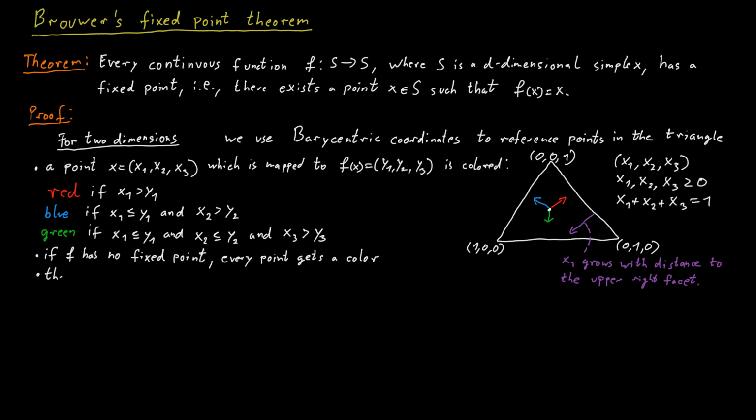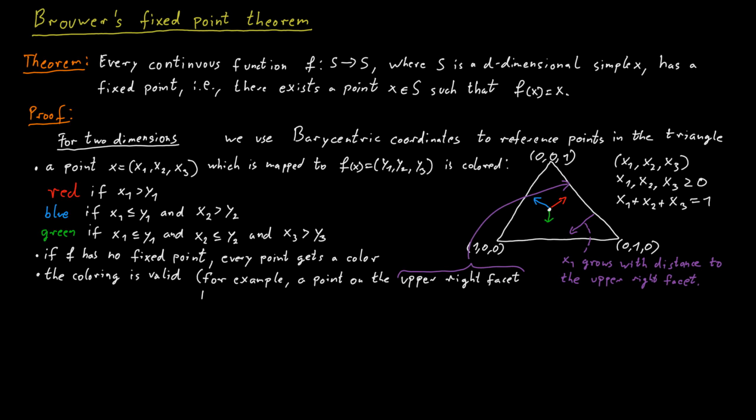Another observation is that this coloring is valid in the sense of Sperner's lemma. For example, if we look at a point on the upper right facet of this triangle, then all points on that facet have the first coordinate equal to 0.